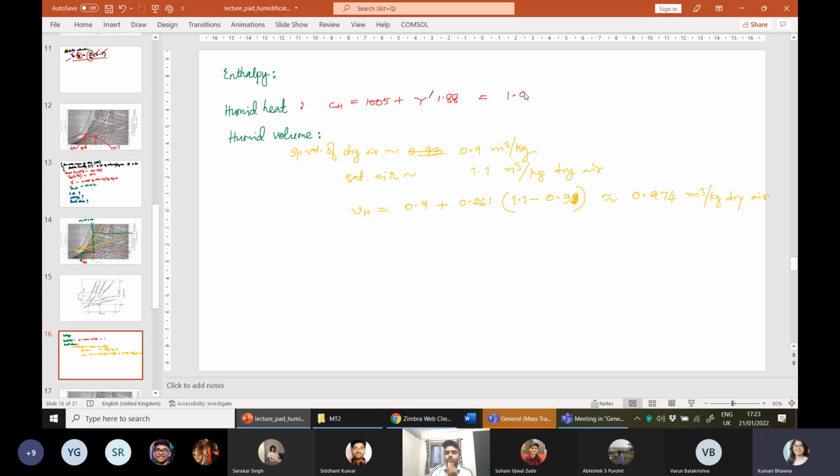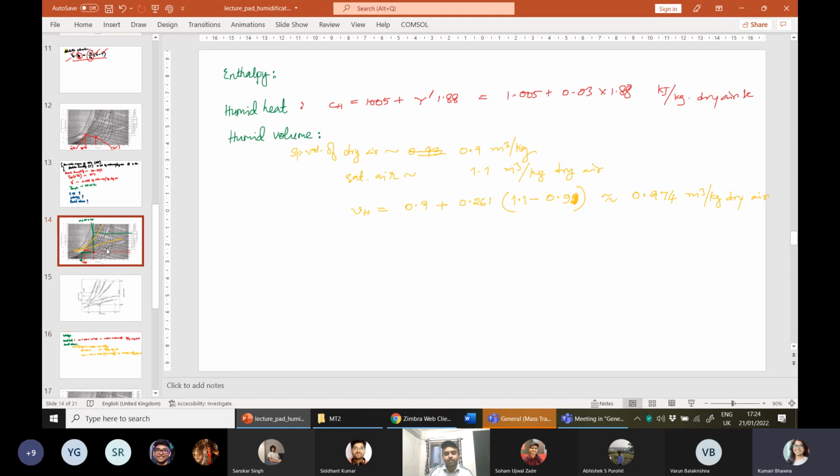So that is 1.005. Then you will give this value as 0.03 into 1.88. Whatever this is in terms of kilojoule per kg of dry air, right? Per Kelvin.